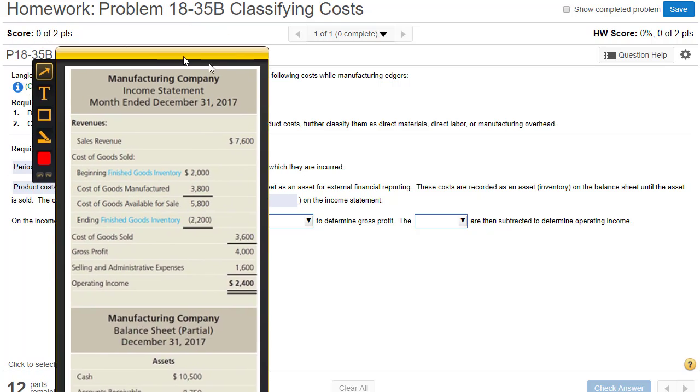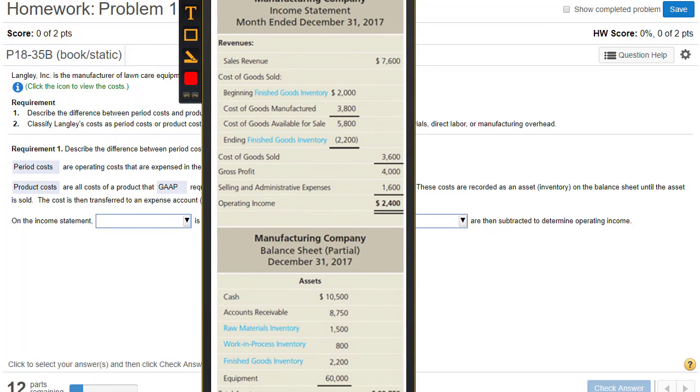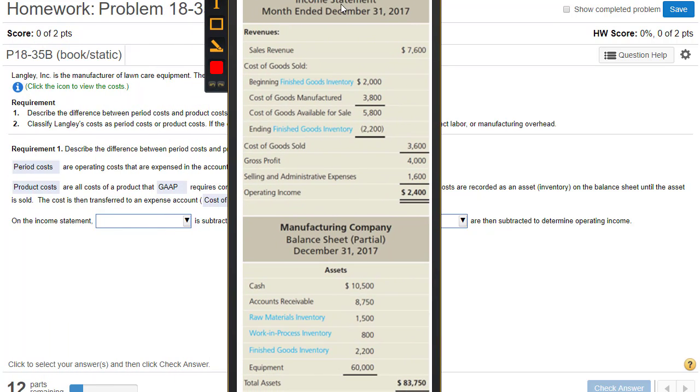And to show you what I was talking about, we've got a manufacturing company's income statement and balance sheet. Down here in the asset section, we've got raw materials inventory, work in process inventory, finished goods inventory. Then once a product is sold, this finished goods inventory is decreased, and then cost of goods sold is increased.